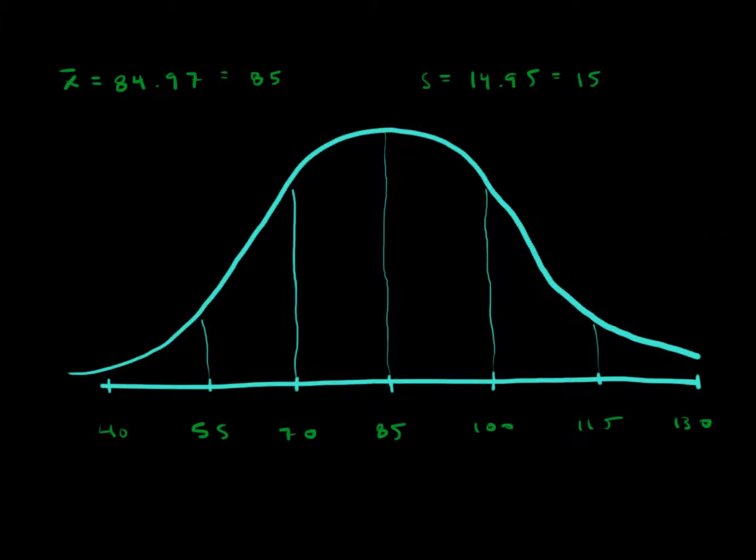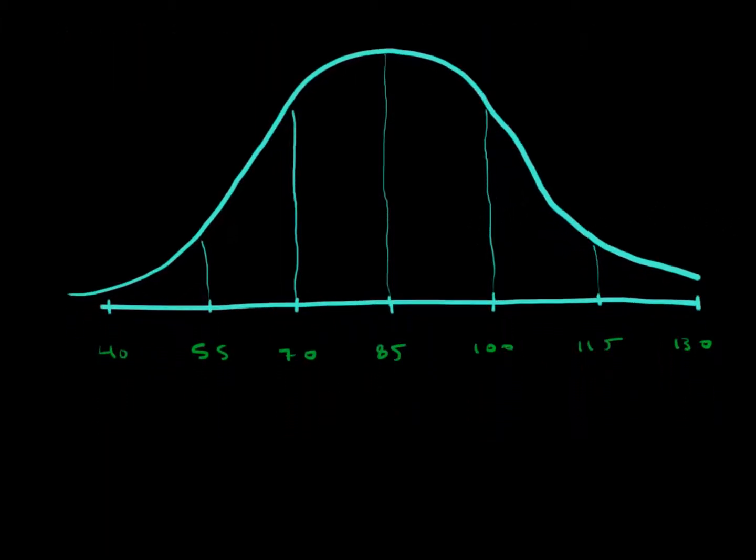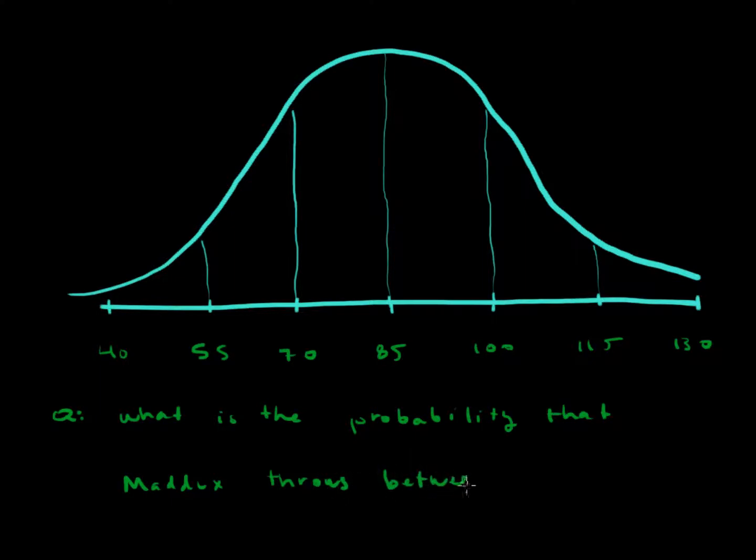And then a question we could ask, maybe something like this. So what's the probability that Maddux throws between, let's say, 100 and 130 pitches?